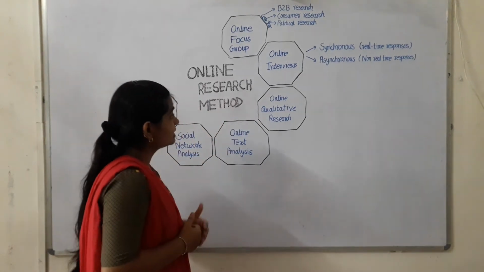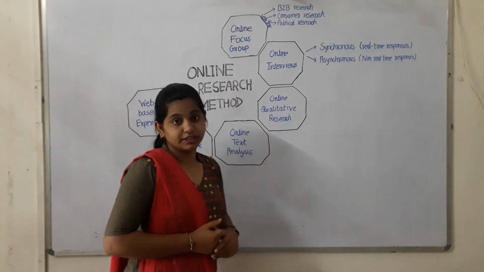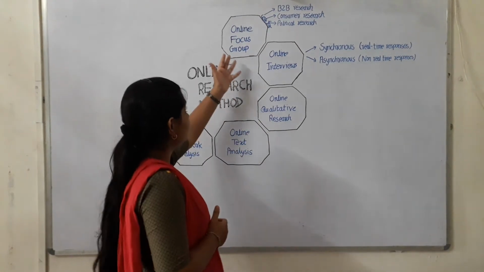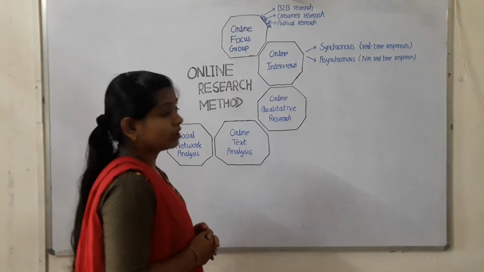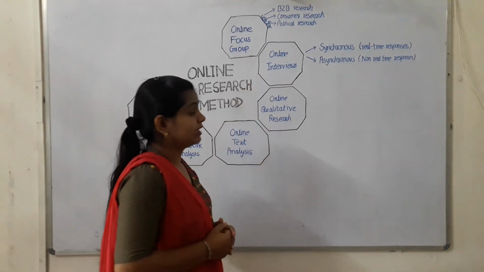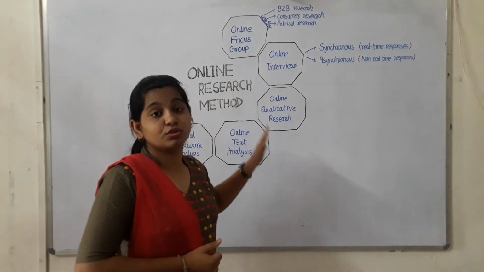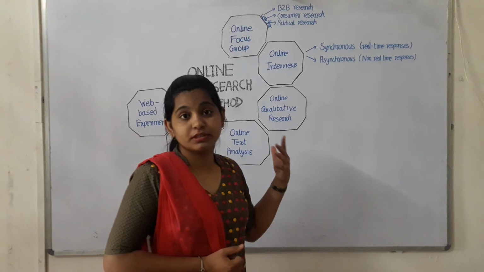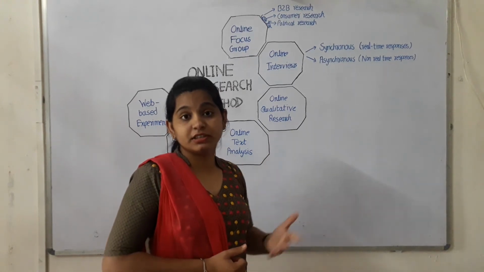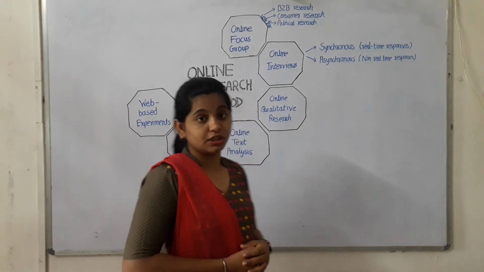Okay. The next online research method is online qualitative research. We saw what is the online focus group discussion method, and then what are online interviews. Along with these two methods, there are also many different platforms from which the researcher can collect the data required for his research.